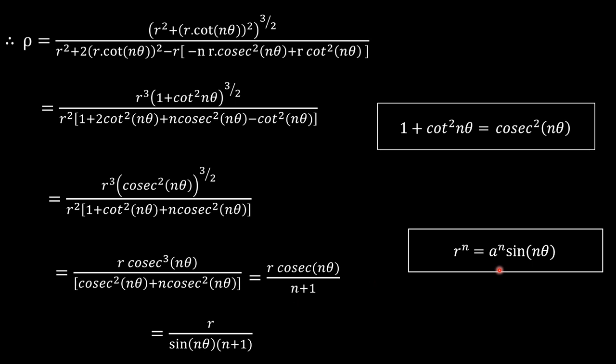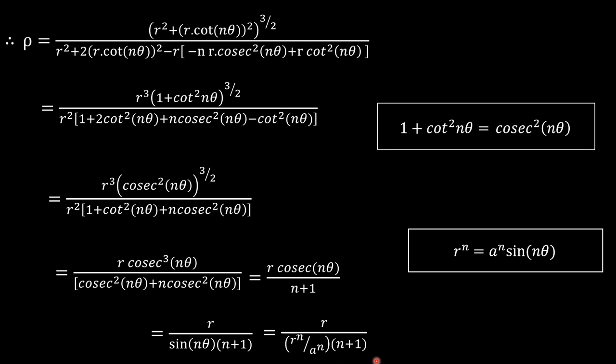And from the given polar curve we have r to the power n is equal to a to the power n into sin n theta. So I can write sin n theta as r to the power n divided by a to the power n, okay. Now I am replacing sin n theta by r to the power n divided by a to the power n.